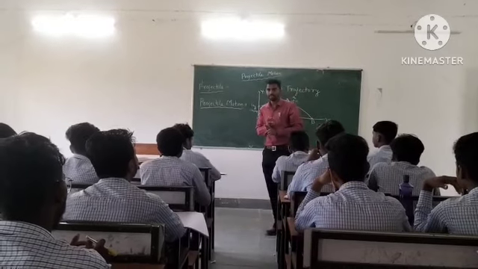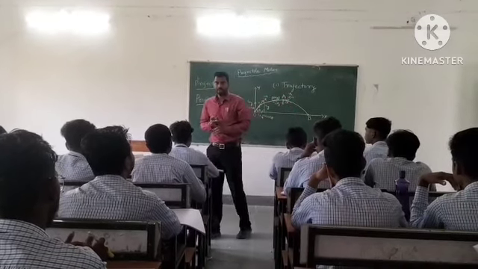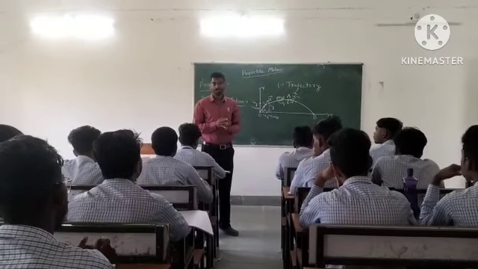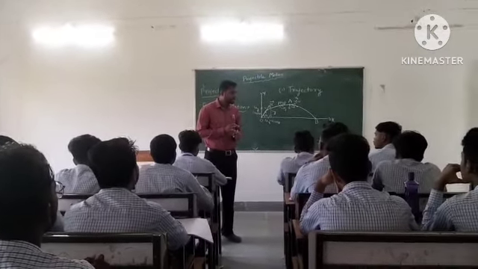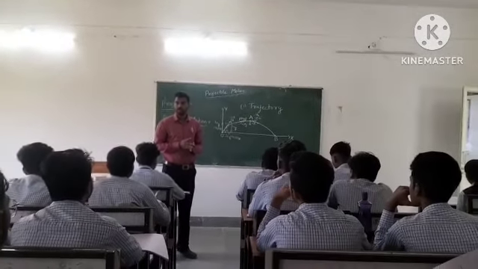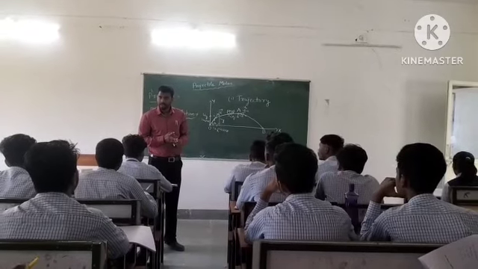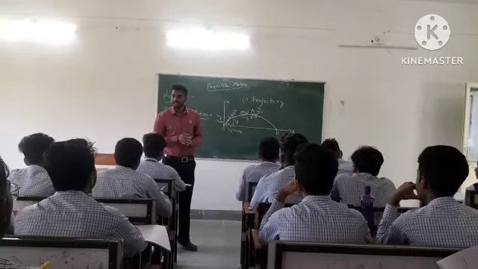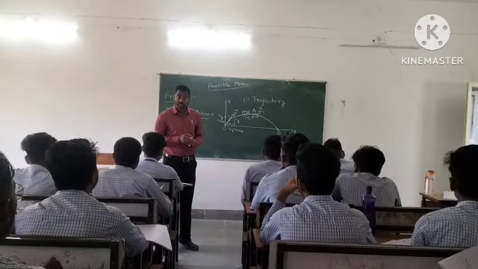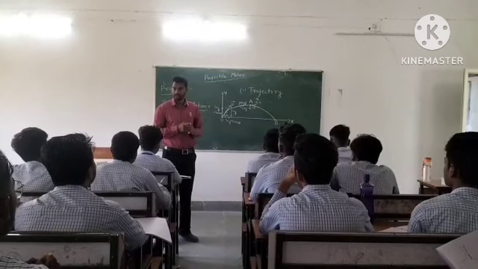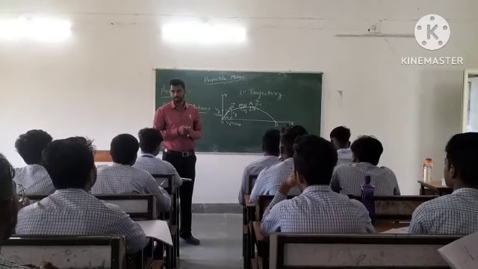How much time has been taken by the object to reach these points? What is the displacement to reach these points? What are the velocities at these points? What is the change in velocity? What is the rate of change in velocity? All these parameters. The rate of change of velocity is acceleration.